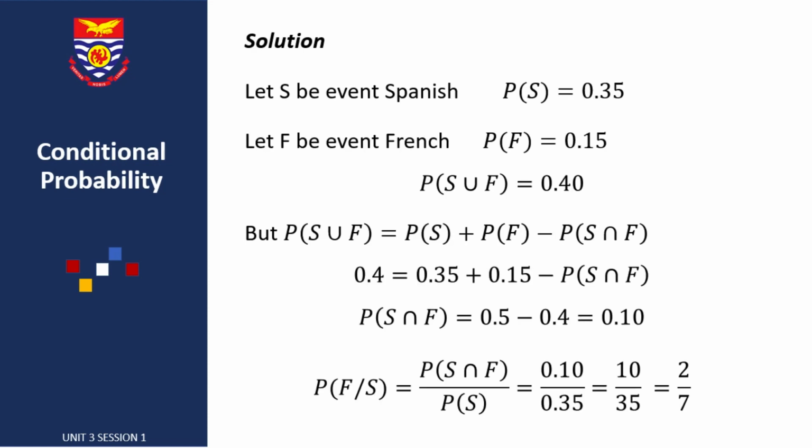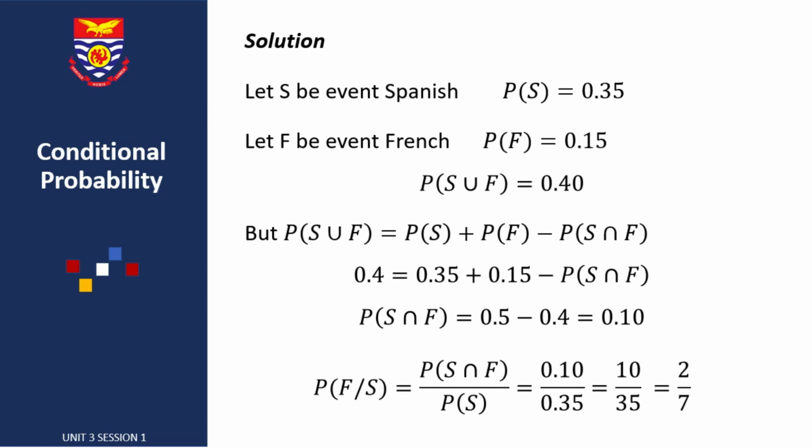We should let X be the event of a person taking Spanish, that is P of X equal to 0.35. And we let F be French, that's 0.15 as given in the question. We're also given the probability of X union F equal to 0.40. And what are we to find?